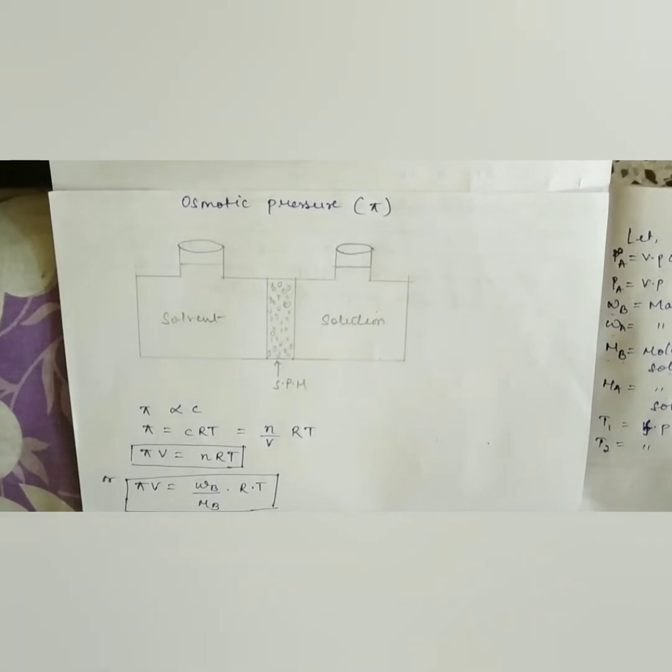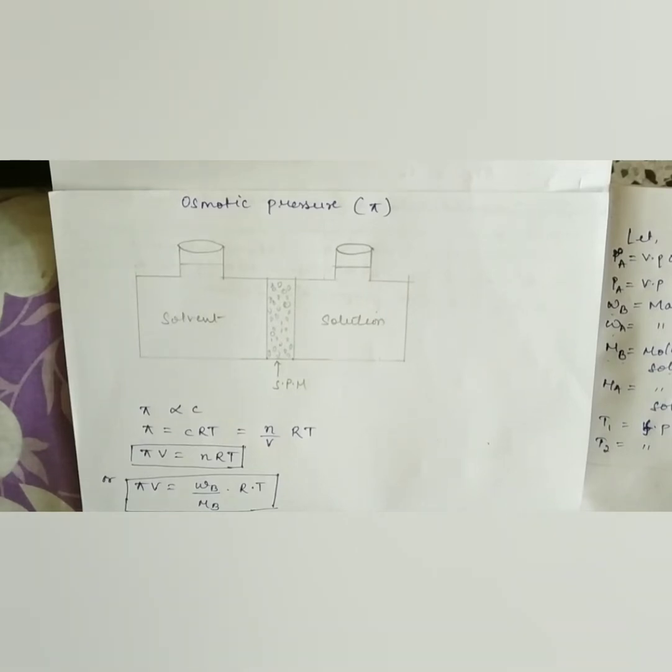I hope you have already heard about this term osmosis. Osmosis is defined as the phenomenon of movement of solvent particles from a region of lower concentration of solution to a region of higher concentration of the solution through a semi-permeable membrane.